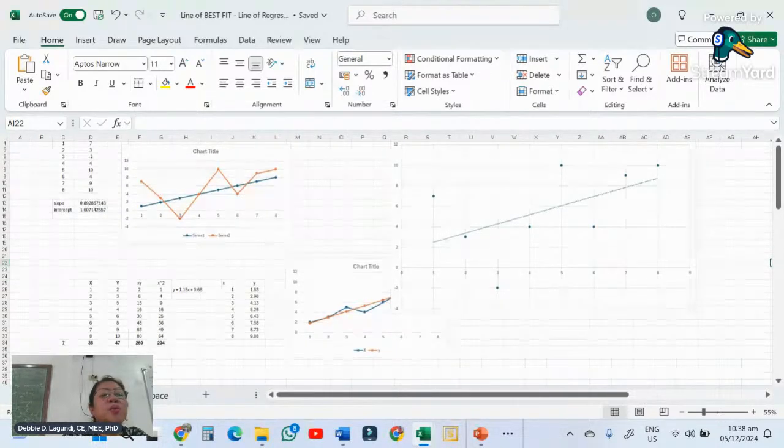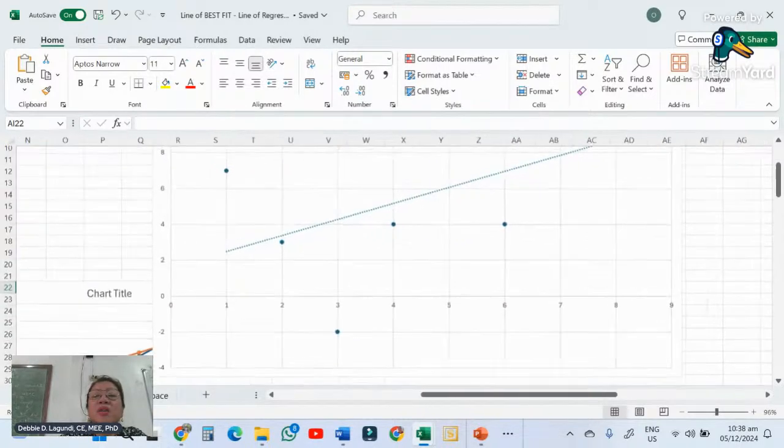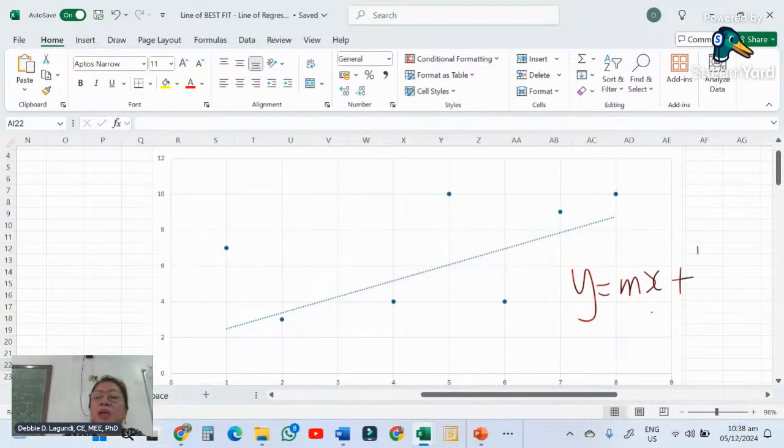The slope, oh, I did not do it. This is the one that you're going to find out. It's y equals mx plus b. You understand? Okay. So that is the line of best fit. No matter how scattered the points are, you can put a trend line in between the points, and that will be your point of analysis.